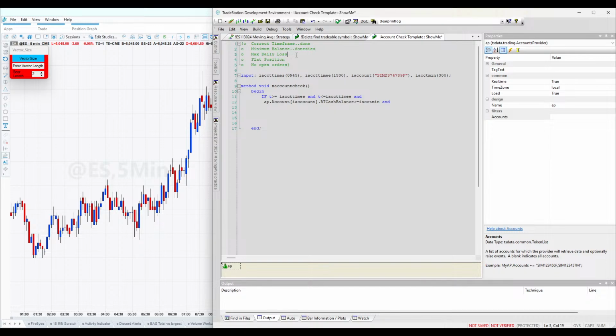All right, now the maximum daily loss. Okay, so there's going to be a couple considerations that you can do here. One is the fact that you can hold stuff overnight, right? If you're holding something overnight, then I believe that will interfere with your daily P&L.